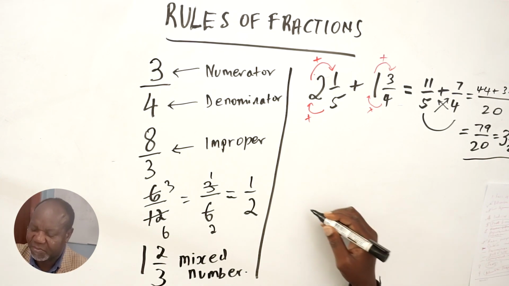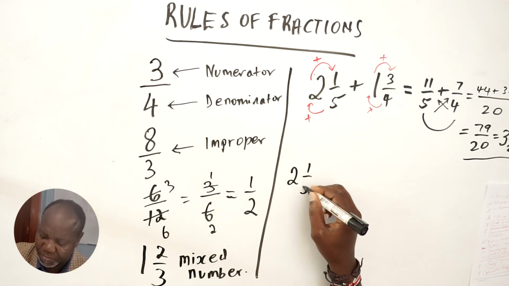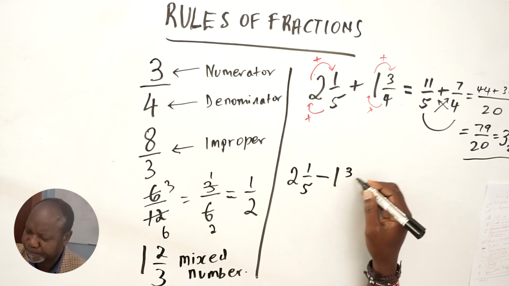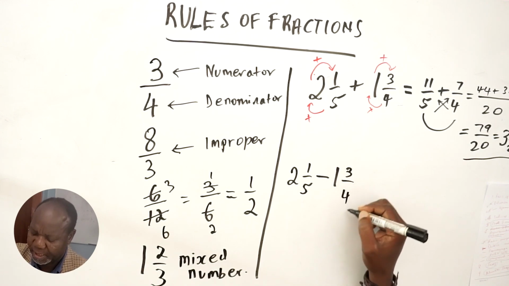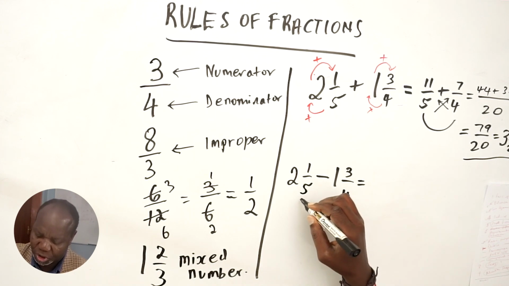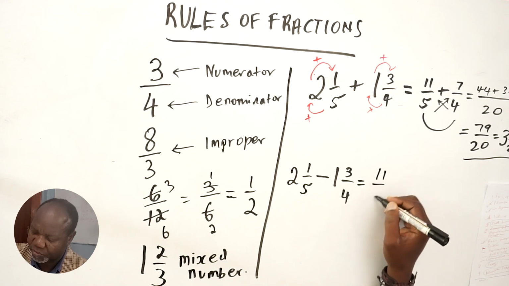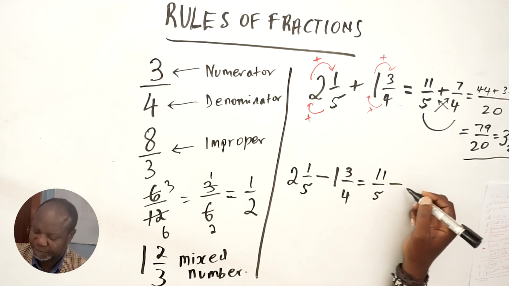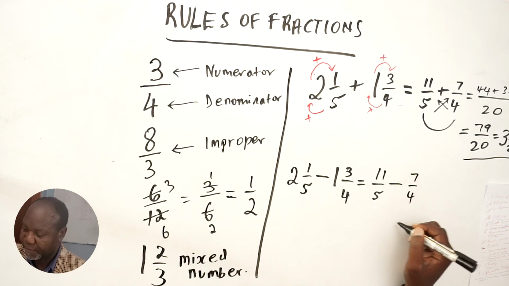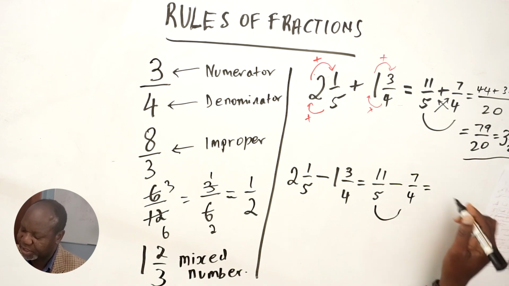Now, let's do another example with subtraction. Suppose it was 2 and 1/5, the same number, subtracting 1 and 3/4. Again, change to improper fractions. 2 and 1/5 would give me 11/5. Now it's minus, and that is 7/4. Okay, smile and keys. The smile gives me 20.